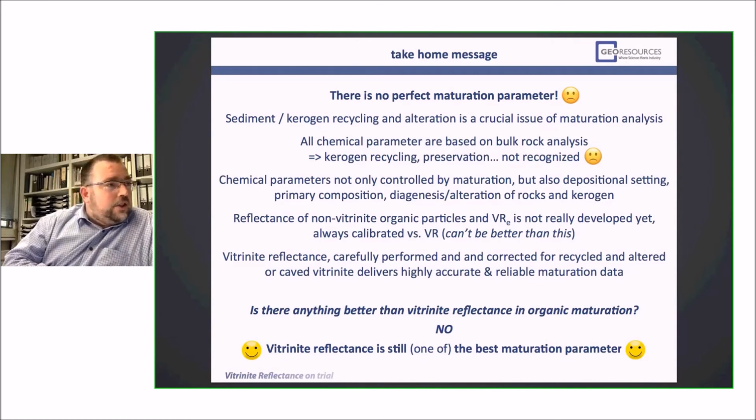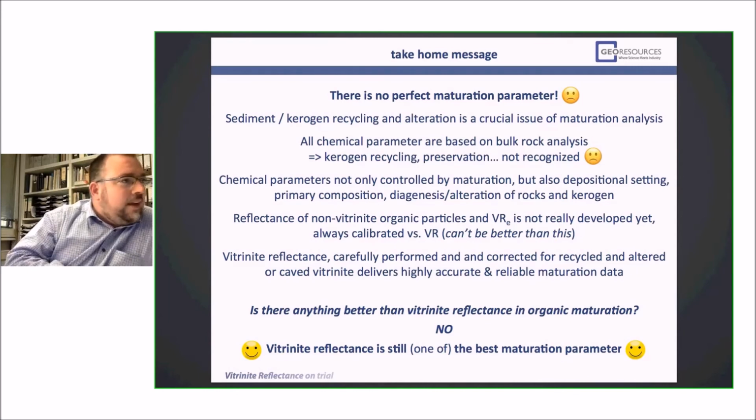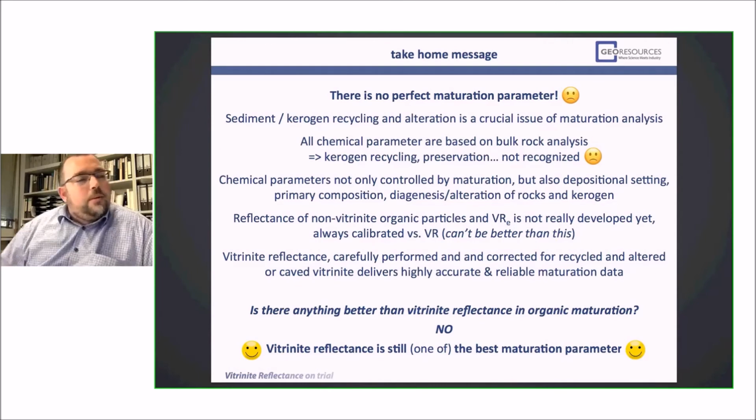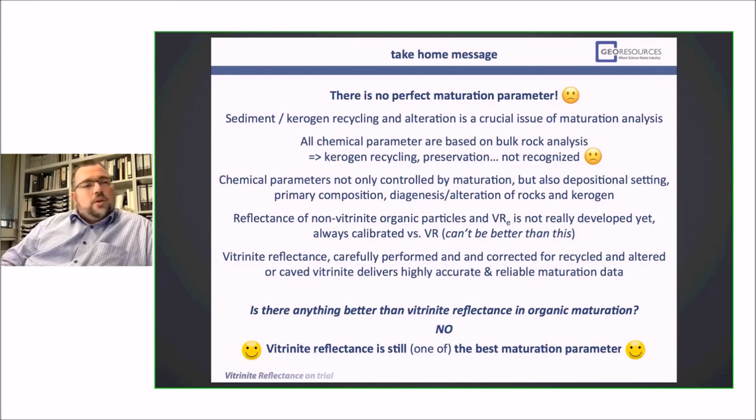The next question, fluorescence alteration in multiple materials. Yes, fluorescence is a very interesting topic. I had lots of discussions with different people. The first point is fluorescence is controlled by maturation. Certain types of organic matter show fluorescence, not all.